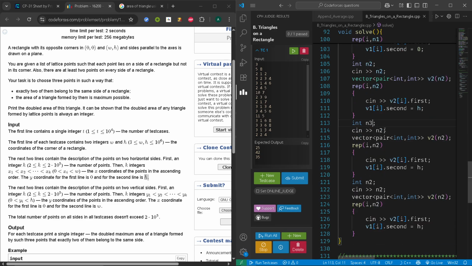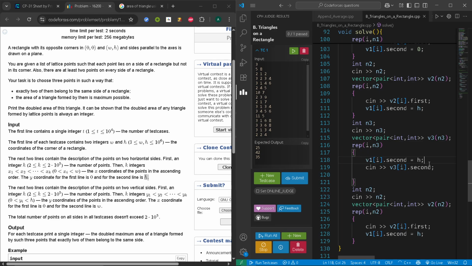and 3 and 3, I feel like doing some useless work, but let's just try it. See in which I wrote second and 0. First value is 0.